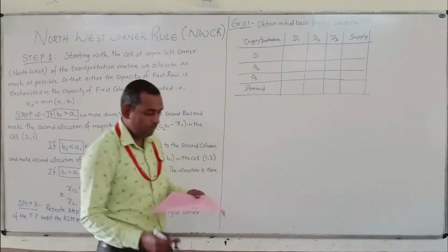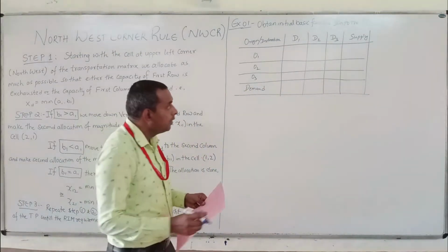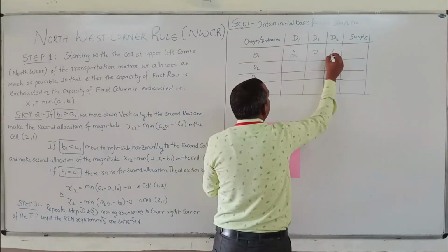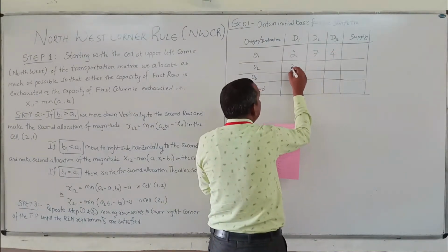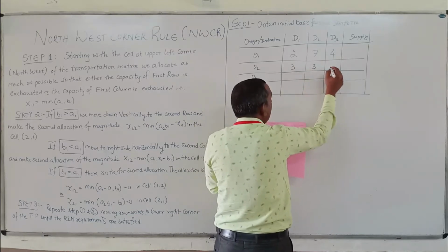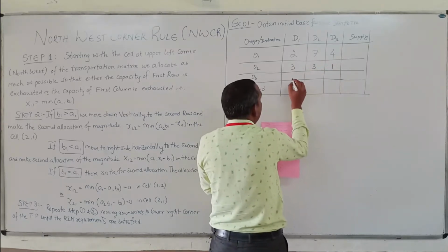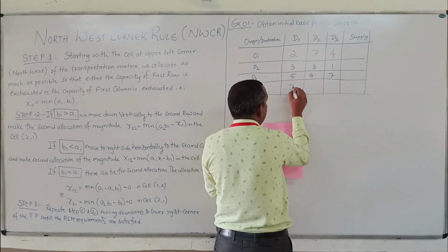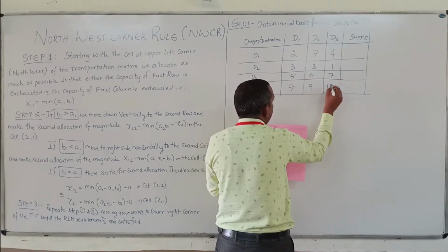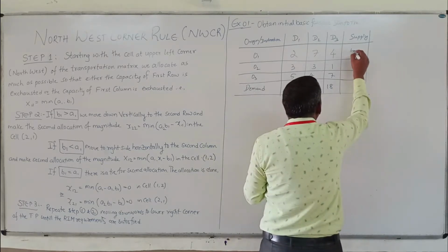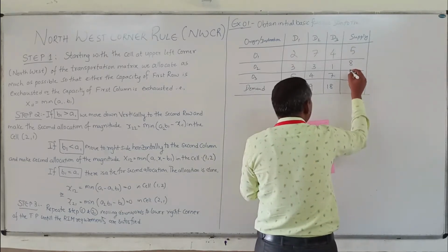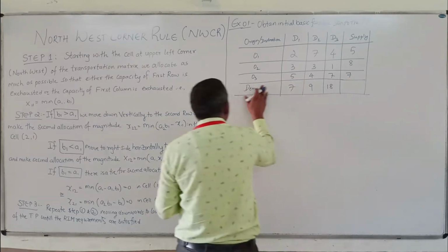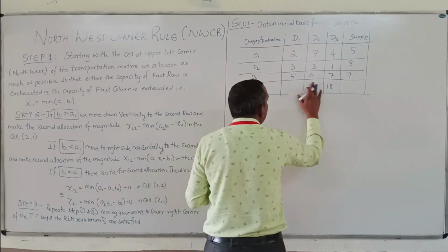Fine. So the values are 2, 7, 4, 3, 3, 1, 5, 4, 7. That is 7, 9, 18. And 5, 8, 7. Fine. So one more is there. I am sorry, I have forgotten here.